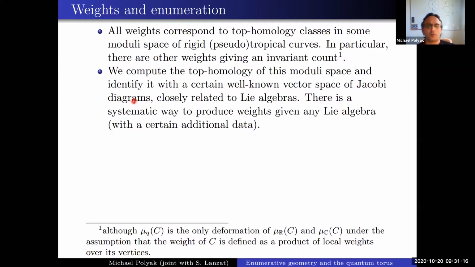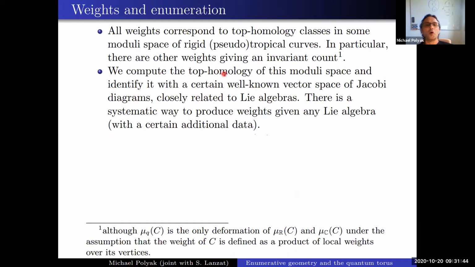And these are objects which, in a sense, are just a diagrammatic version of a Lie algebra, where instead of writing algebraically certain relations in Lie algebras, you encode them by some simple diagrams. So this top homology of the moduli spaces turns out to be related to Lie algebras.